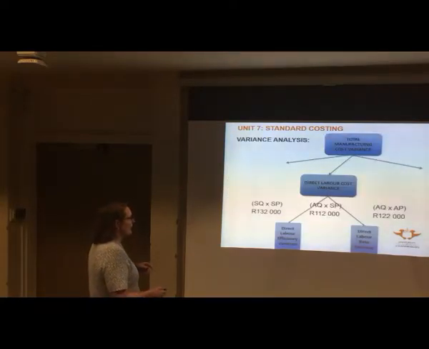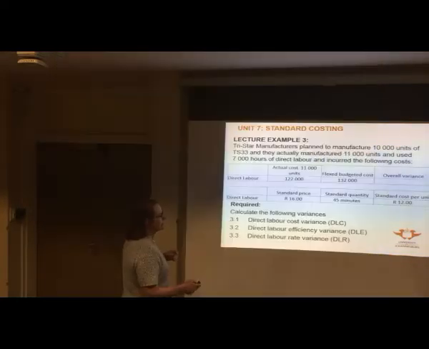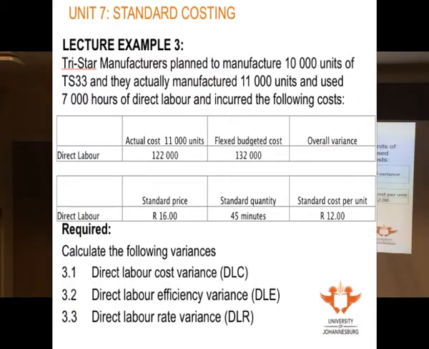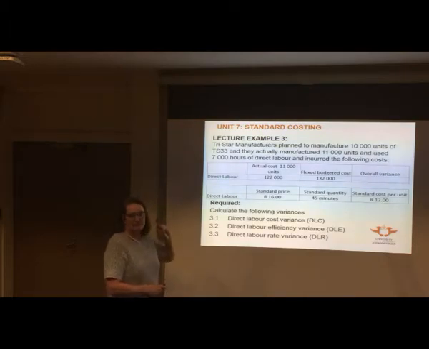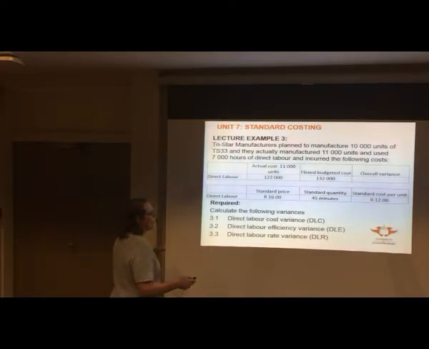So we can go here and we can say, right, what is standard quantity times standard price? Here standard quantity is 45 minutes. Remember, we must flex it to the actual units. So it must be 11,000 units times 45 minutes, which is 0.75. Don't get confused. We want to convert it to hours.